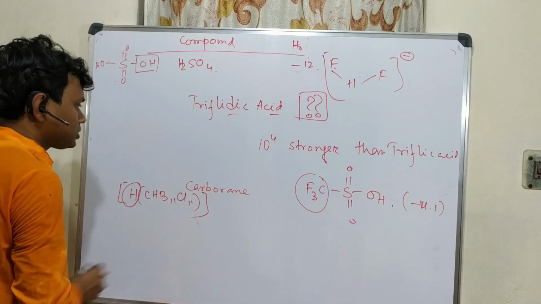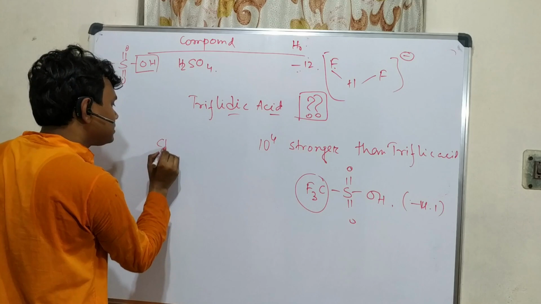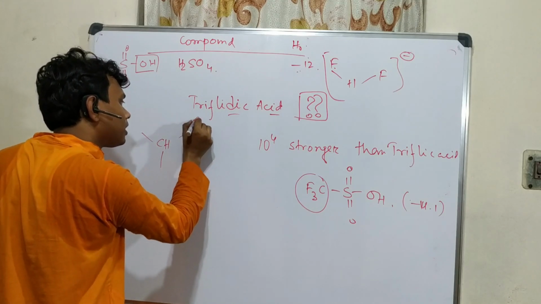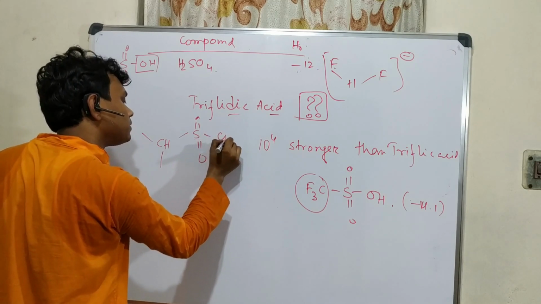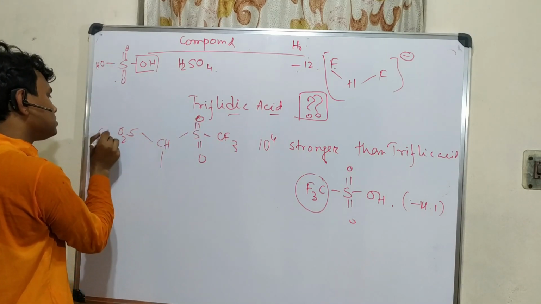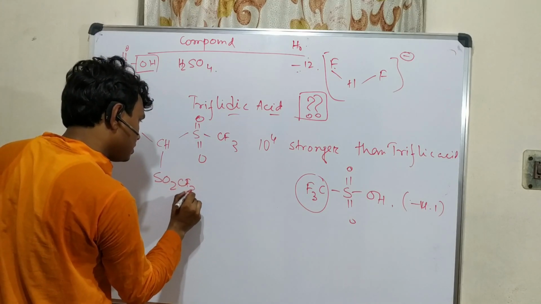And what is the structure of this triflidic acid? This is CH attached with 3 SO2CF3, triflyl groups: SO2CF3, SO2CF3, SO2CF3.